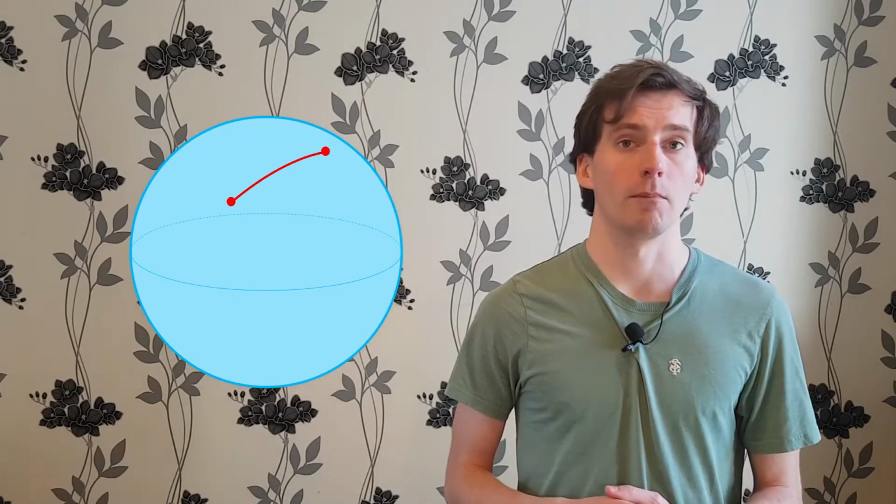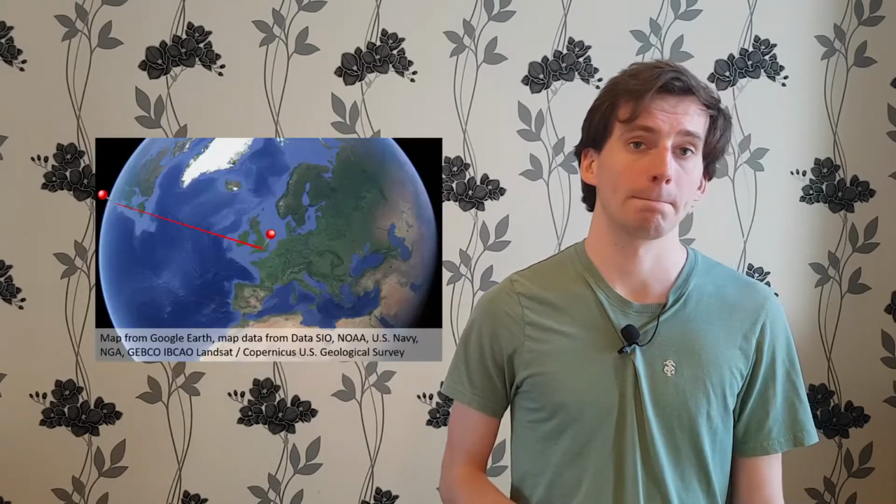You might have seen airplane flight paths drawn on a map. A flight from London to New York, for example, will follow this path going via Nova Scotia. The reason for this is not to admire the view, but because it's actually a straight line path on a sphere. This is easier to see looking at a globe.